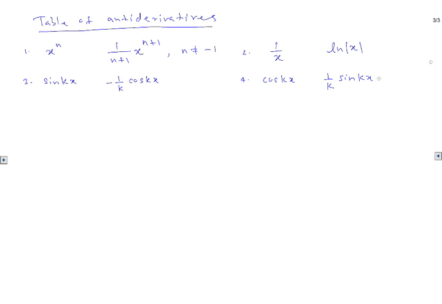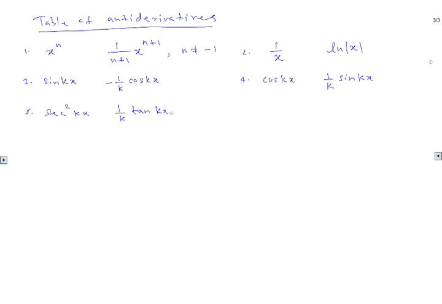And then we can go with secant. I'm just giving you a few common ones, but you can see the larger list in the table. So secant squared kx. What is the antiderivative of secant squared? 1 over k tan kx.